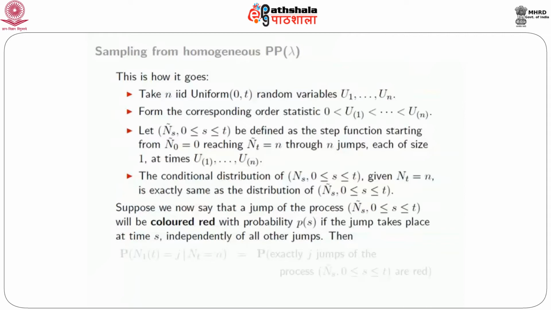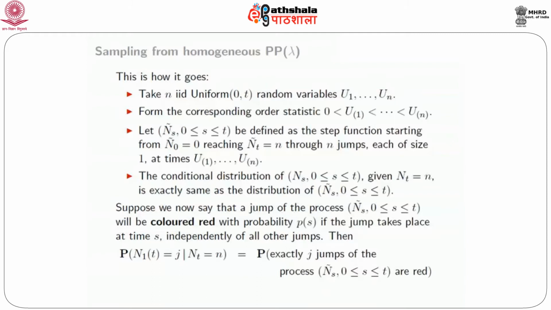Therefore, the conditional probability that the number of arrivals up to time t of the original N process that are recorded is j, conditioned on N_t equal to n, would be exactly the same as the probability that exactly j jumps of the process N tilde_s are red, because there an arrival is recorded with probability p_s if the arrival takes place at time s, and here a jump is colored red with probability p_s if the jump takes place at time s.